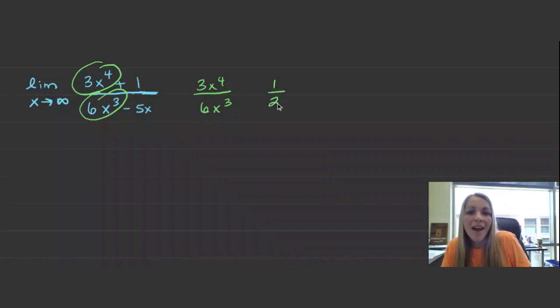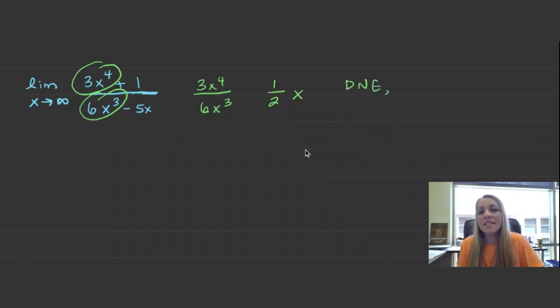So I have 1/2 x. And if I take this limit as x approaches infinity, I have 1/2 times some really huge number, and that is going to approach infinity. So when a limit approaches infinity, we see that the limit doesn't exist.